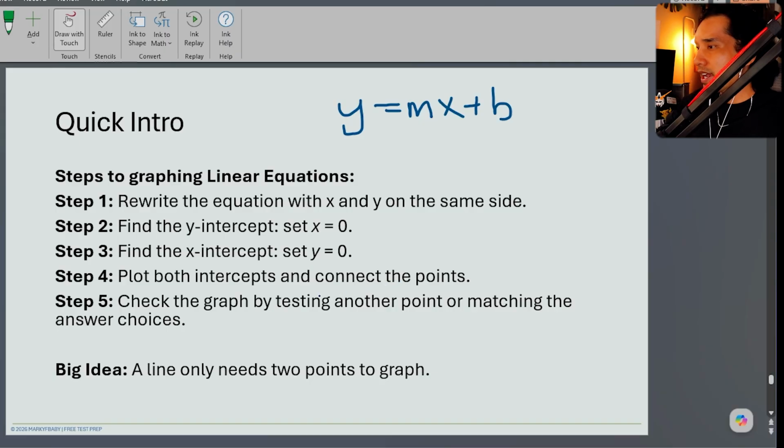The big idea here is all we need to do is get 2 points to create a line. A line only needs 2 points to graph.